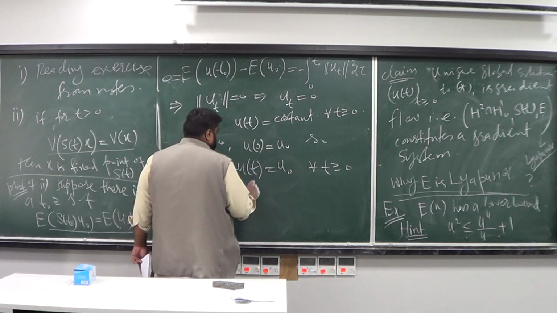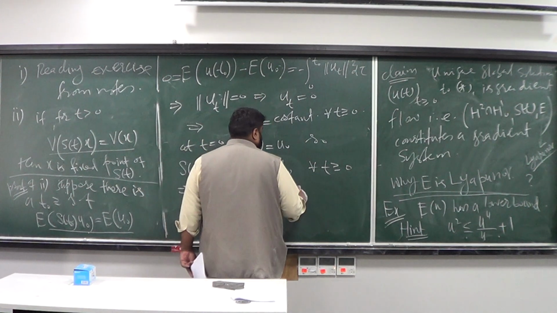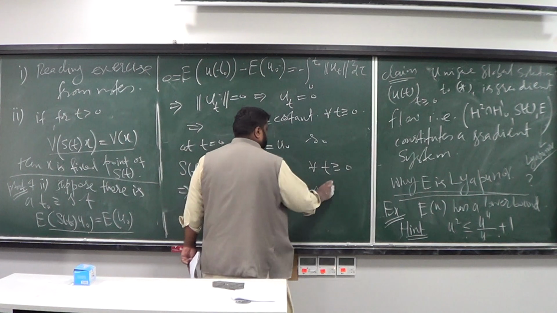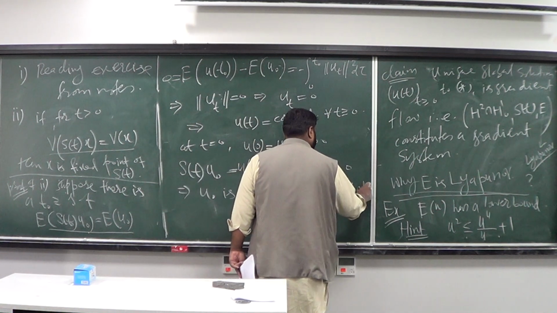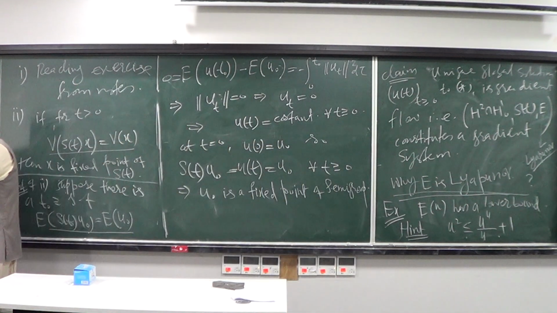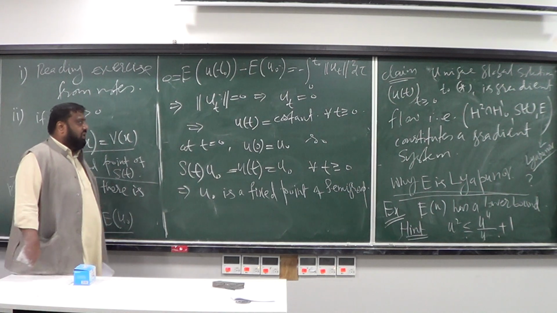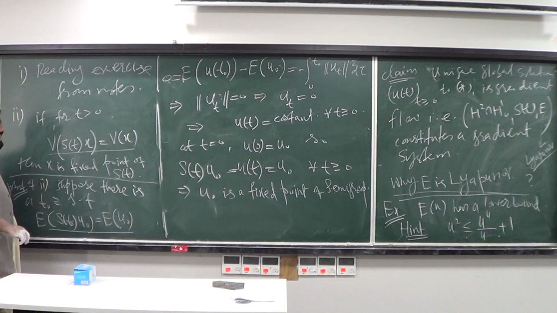u naught is a fixed point of the semigroup. Okay? It's a fixed point of the semigroup. And if it is a fixed point of the semigroup, the second condition of the gradient system is satisfied.